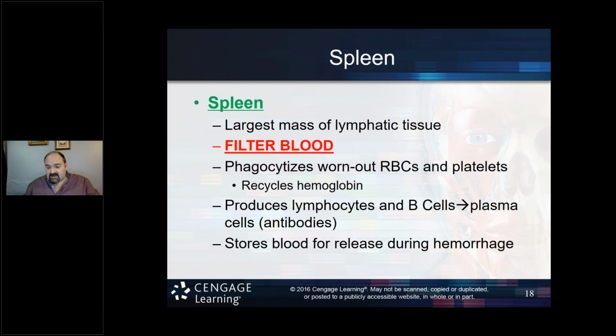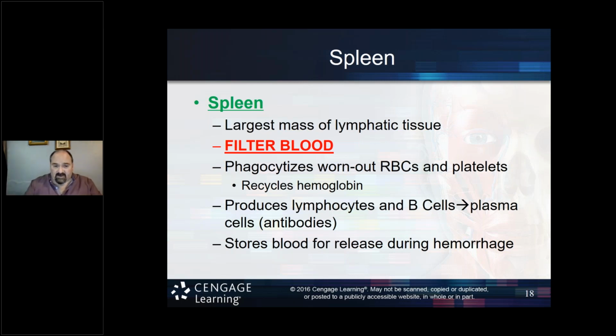If they don't know about it, or they just feel a little tired, they can suffer if they take a fall. There was a gentleman years ago playing high school football who got tackled, his spleen burst, and he ended up dying as a result.